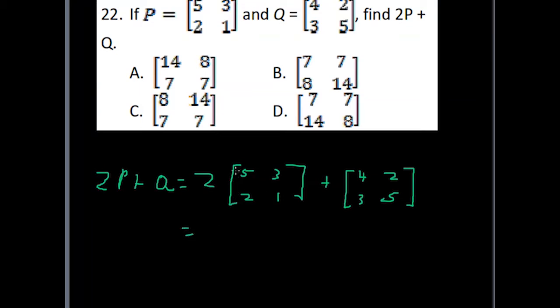So 2 is going to multiply everything inside this bracket. We're going to have 2 times 5, 10, 10 plus 4, 14. 2 times 3, 6, 6 plus 2, 8. 2 times 2, 4, 4 plus 3, 7. 2 times 1, 2, 2 plus 5, 7. Which makes option A the correct one.